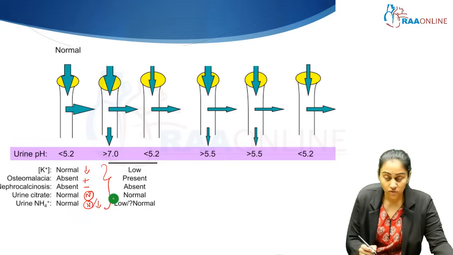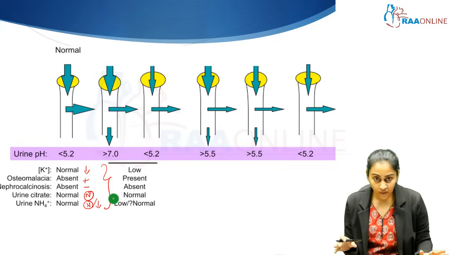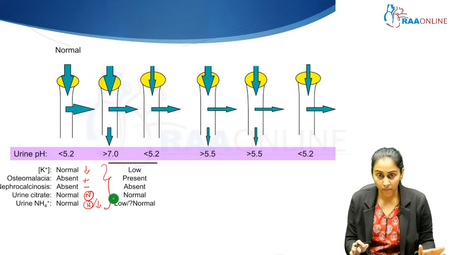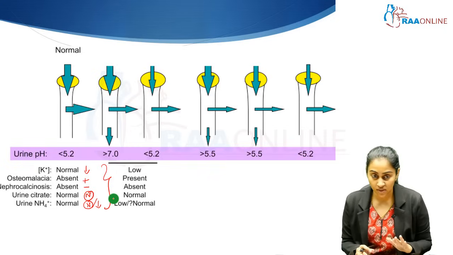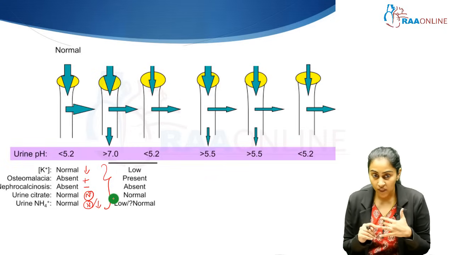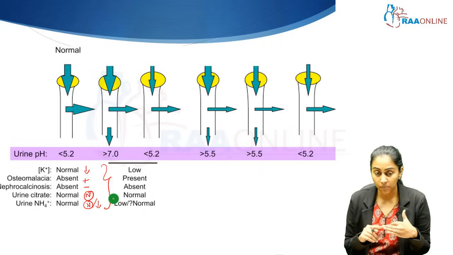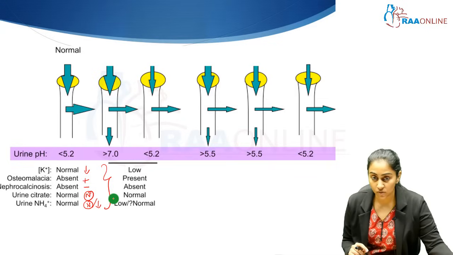Whenever you have a picture with hypokalemia, all these patients have a normal anion gap metabolic acidosis. So these patients are also going to have osteomalacia as they've described. But they don't have nephrocalcinosis, they do not have any hypocitraturia, they do not have any hypercalciuria. That means here we are looking at a proximal renal tubular acidosis.